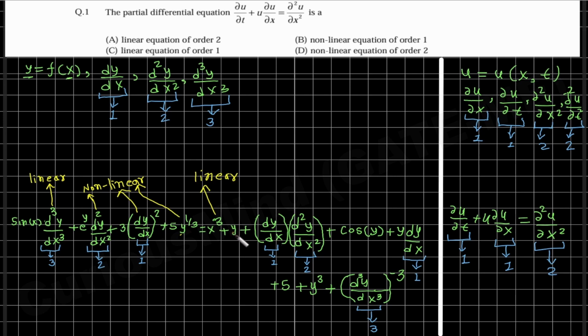All right, the second term is y, which is in an independent form and not in a combination of any of its derivatives, and y is also not in any of its functional form. So this term is also making this whole exact differential equation a linear differential equation.